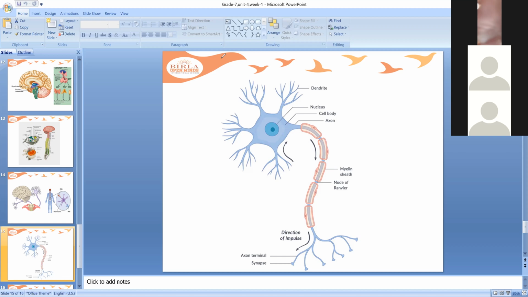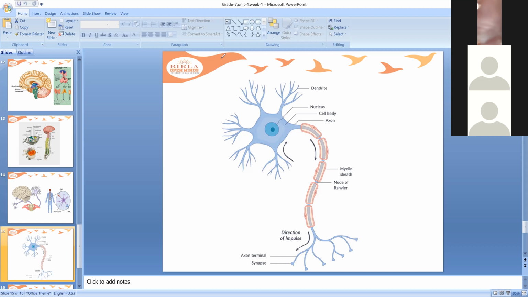And now the motor neurons, they carry the information messages from the central nervous system to organs, glands and muscles. So from the brain, the information is passed to different organs, glands and muscles. If your sensory neurons give the information, like your eyes see that you're facing some danger, fire or a lion or tiger in front of you, your sense organs will give caution to your brain.